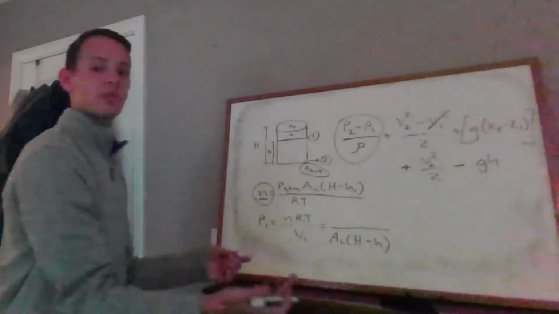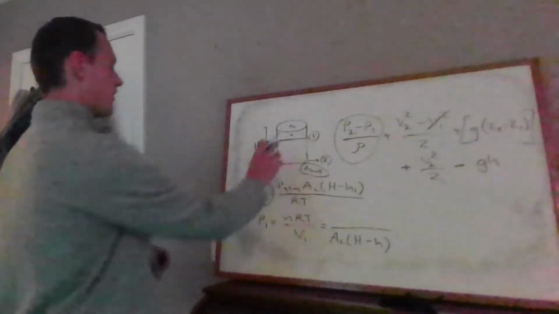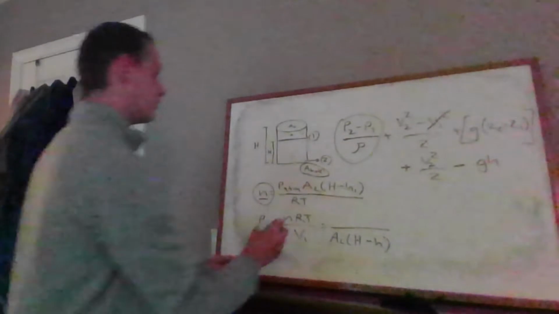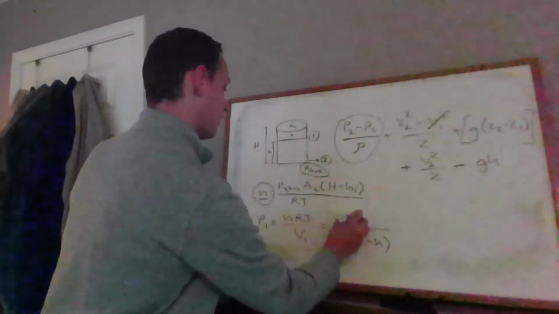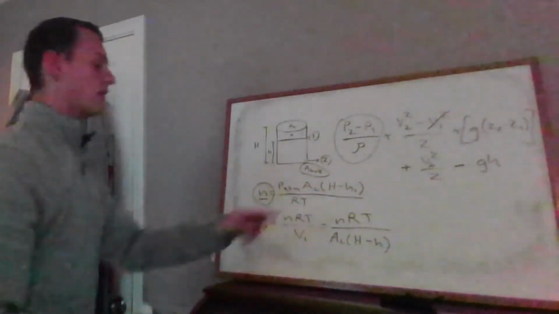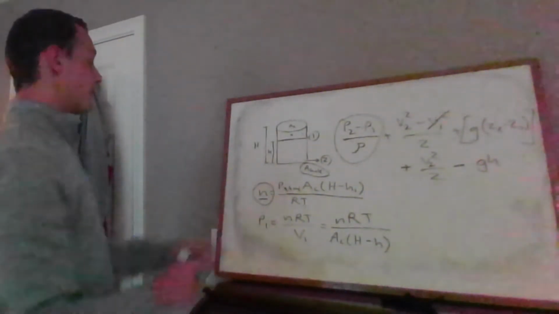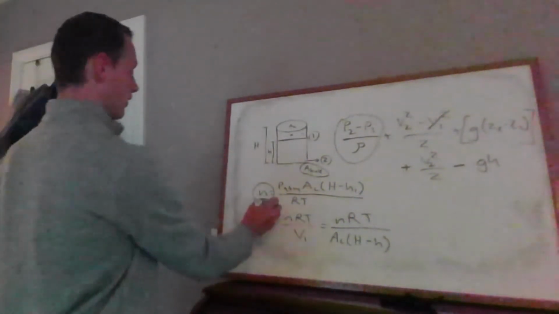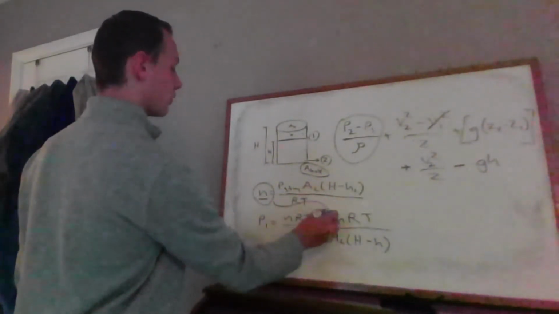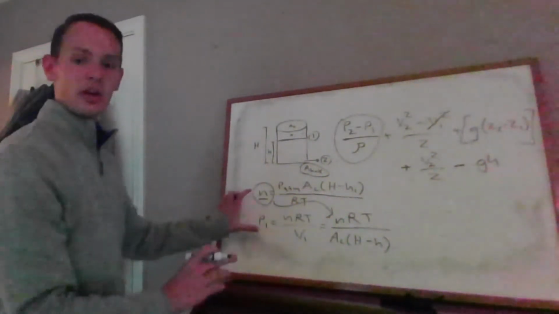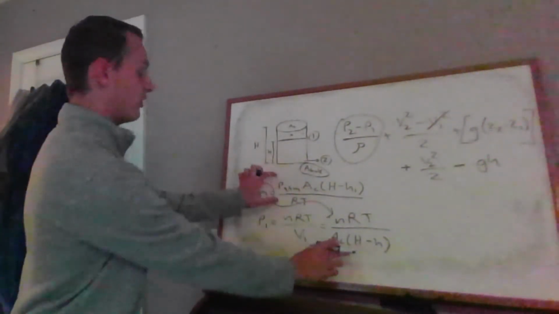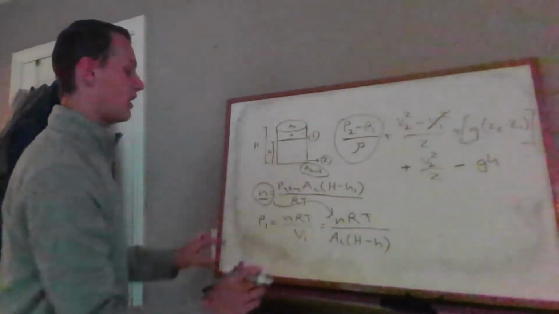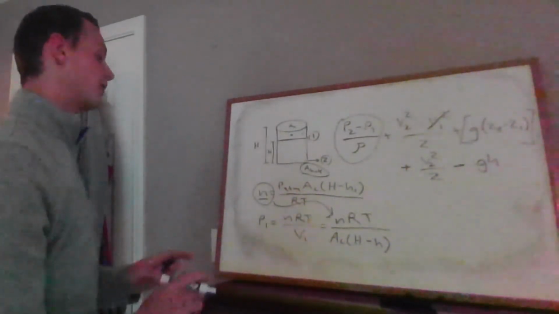So you can see in our expression there how the volume of air here in our headspace is going to be increasing. Then we have N, number of moles of air, times the ideal gas constant R, and then the temperature. So this, N, this is constant, right? So that can plug right into there. And so hopefully you're able to follow what I'm about to do on the screen, because hopefully you can see here with these terms, there's a lot that can be canceled out, which is fantastic.